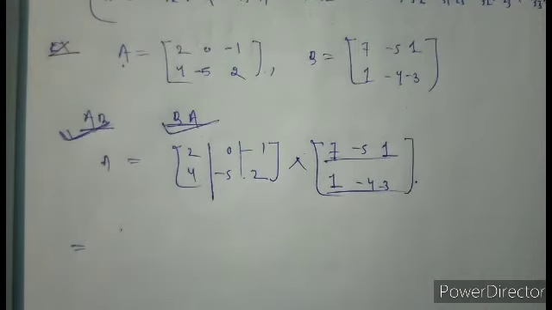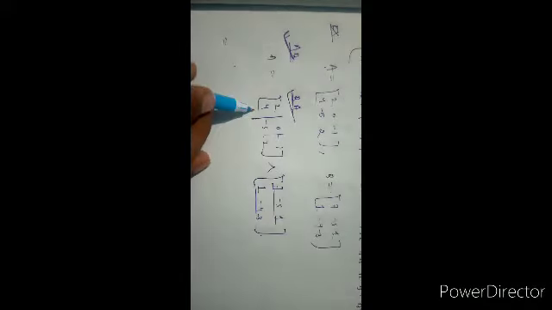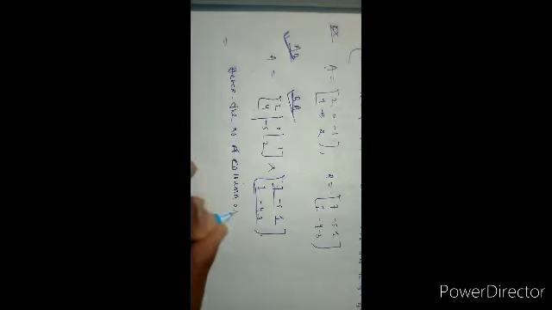So here matrix multiplication is not possible because the number of columns of A is not equal to the number of rows of B. Okay.